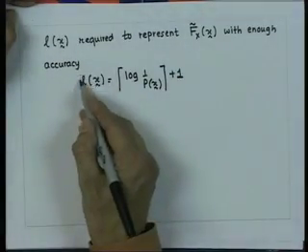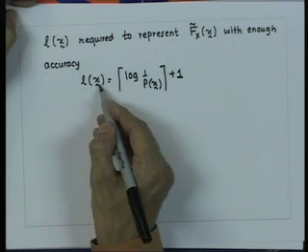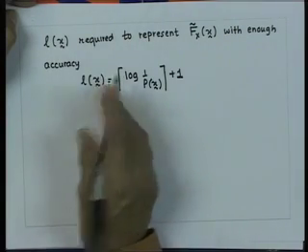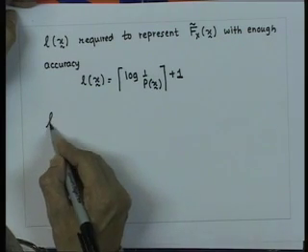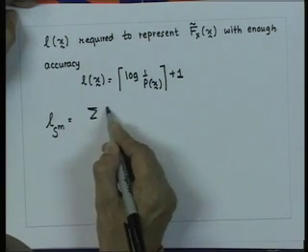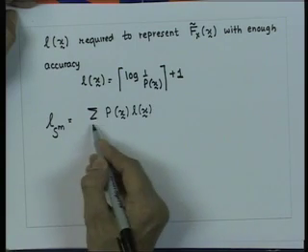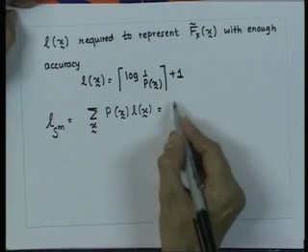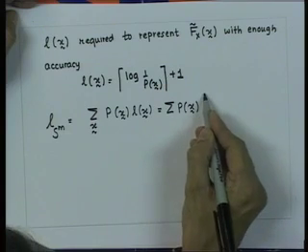So, L(x) is the number of bits required to encode the entire sequence x. So, the average length of an arithmetic code for the sequence of length m is given by the summation over all x of P(x) L(x). Now, this is equal to summation of P(x).